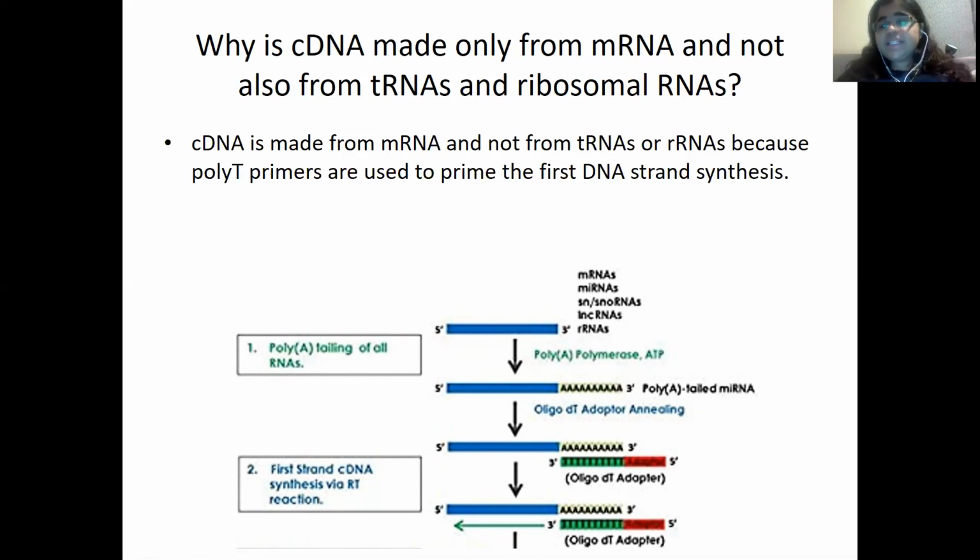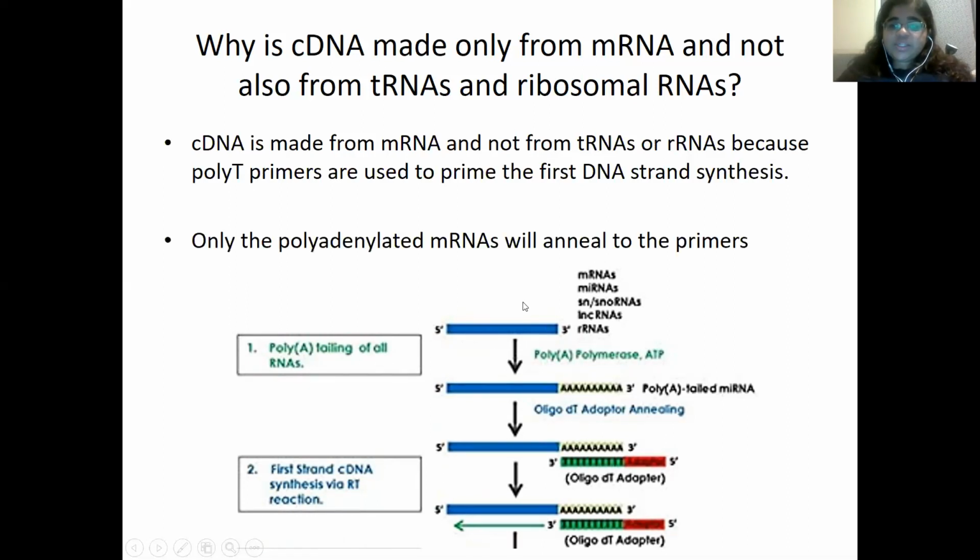So for the poly T primers to actually bind, you need a polyadenylated strand, which is essentially a poly A tail, which is essentially a chain of A's, okay, adenines.